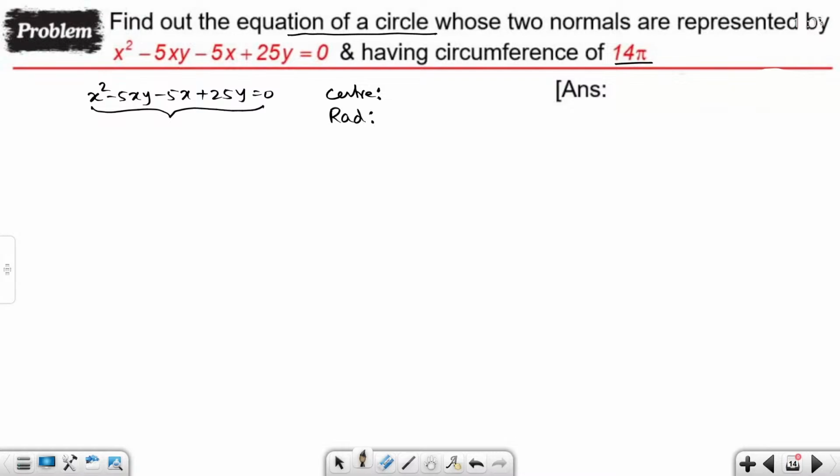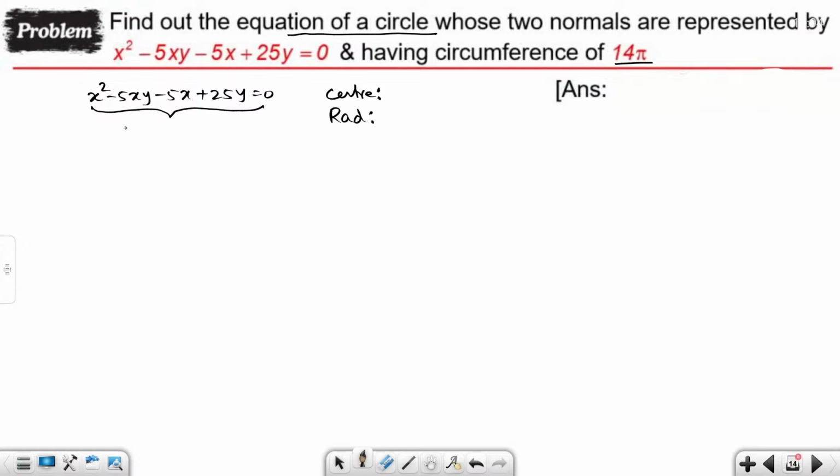Everything is over. The moment you know the center and radius of a circle, you know the equation of the circle by using the center-radius form. So whenever they are asking to find out the equation of a circle, you simply try to find out its center and radius. Nothing else should come to your mind.